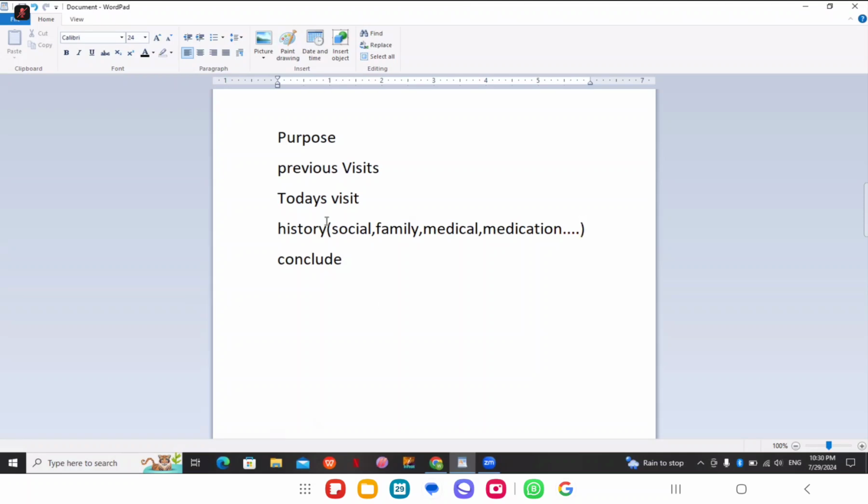Each of these things has its own marks, its own way of writing, its own structure and its own style. We even have to focus on the grammar when we write all these parts.